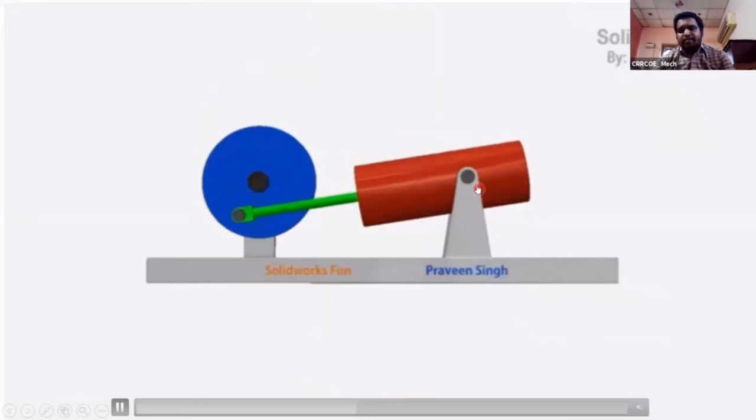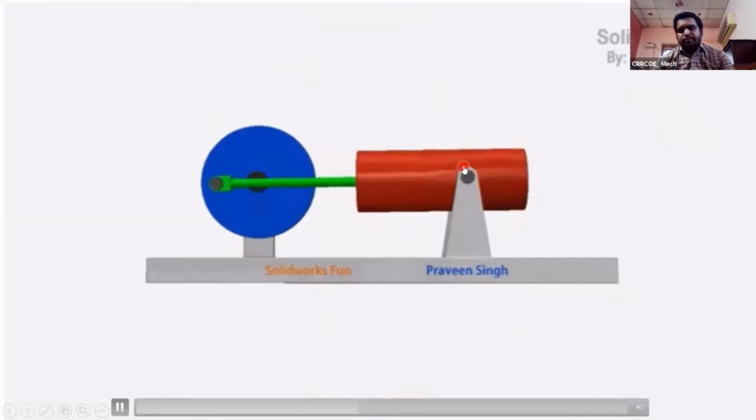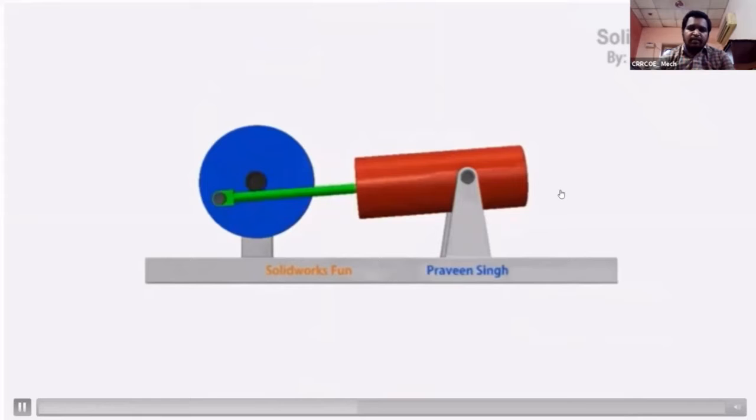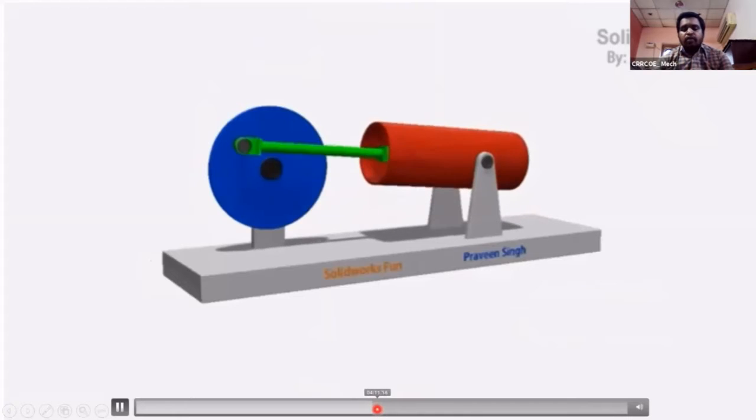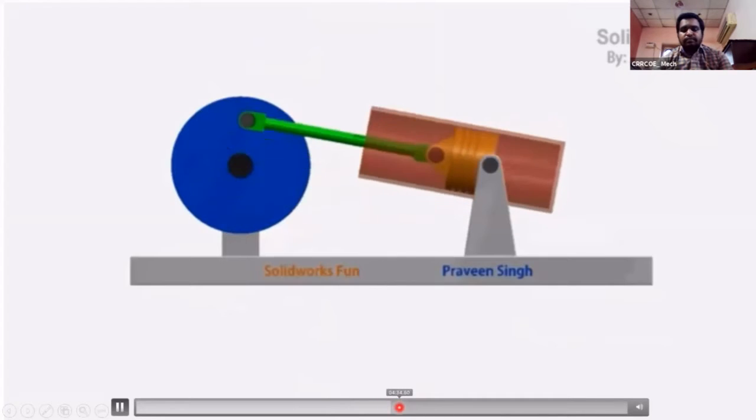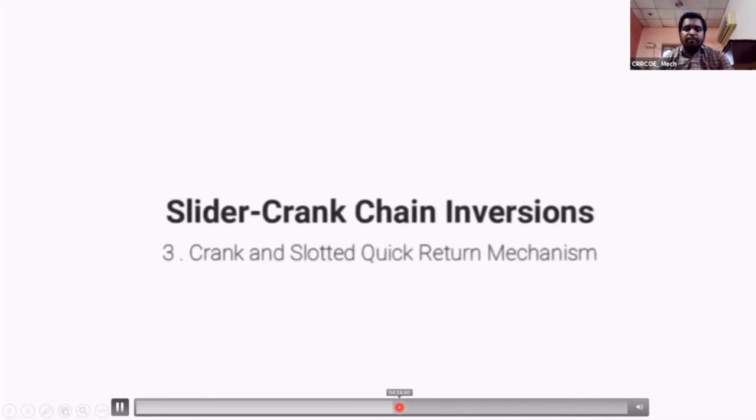Here the cylinder is oscillating. This is also one inversion of the crank and slider mechanism. By fixing different links we get different mechanisms according to applications. Here the cylinder is oscillating about a certain pivot.